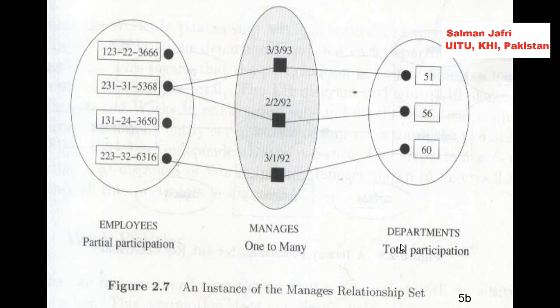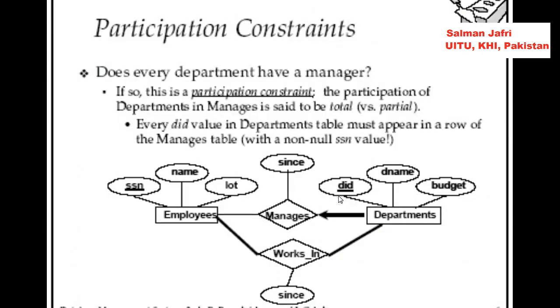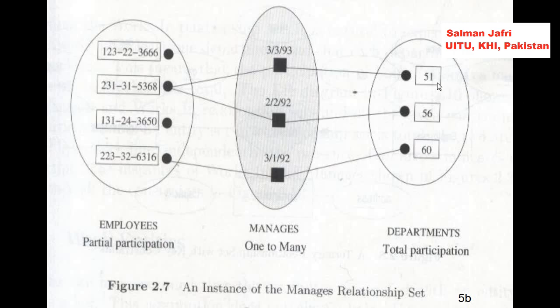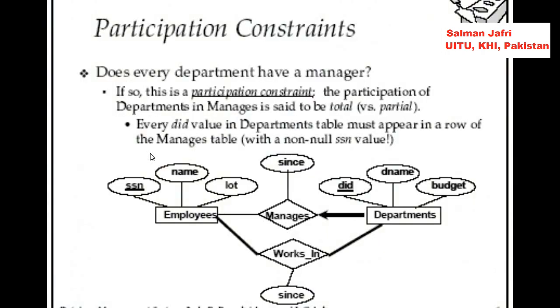Now we can have another aspect, which is called participation constraints. Does every department have a manager? Yes, because this department has this manager, this department has this manager, and this department has this manager. If this is the case, it is a participation constraint.